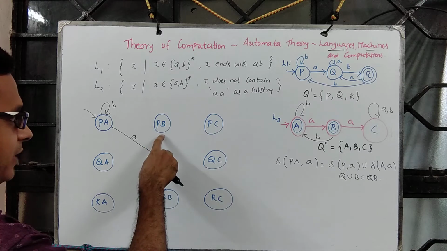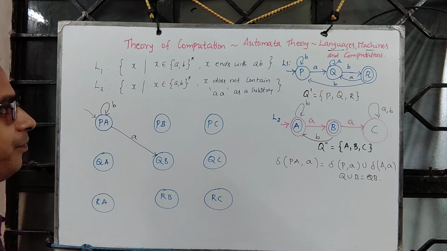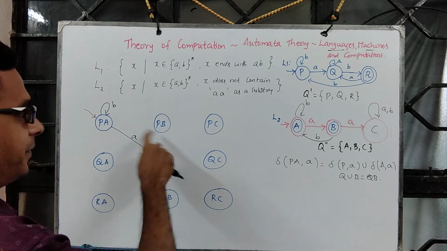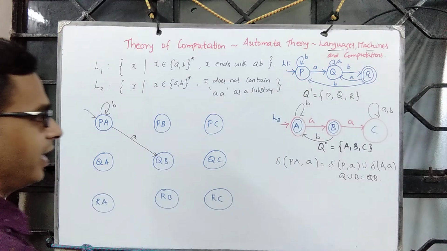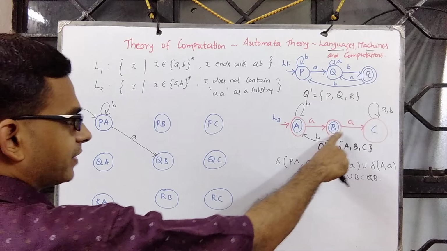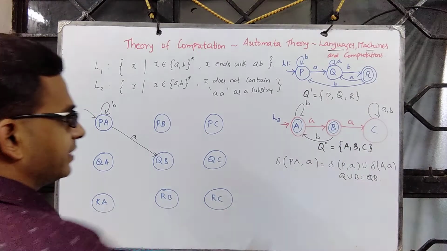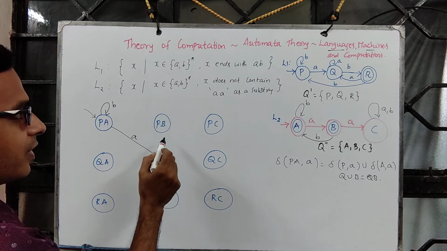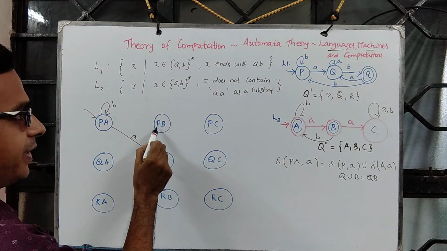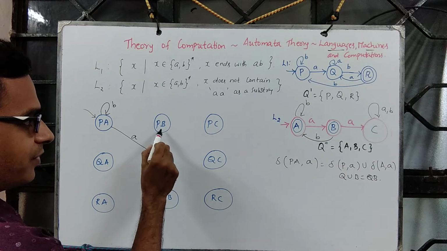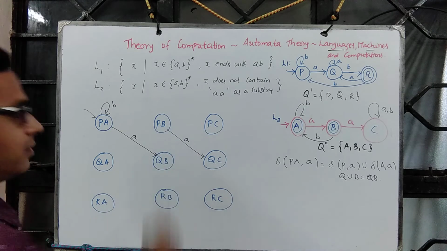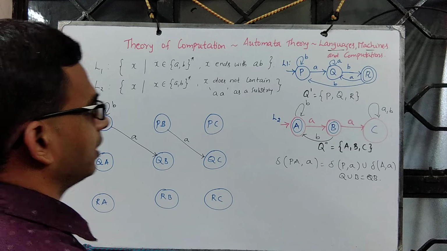Now let's define with respect to PB. If we simulate A with respect to P, it is Q, and if we simulate A with respect to B, it is C. So we should go to QC. For P it is Q and for B it is C, so we go to QC.